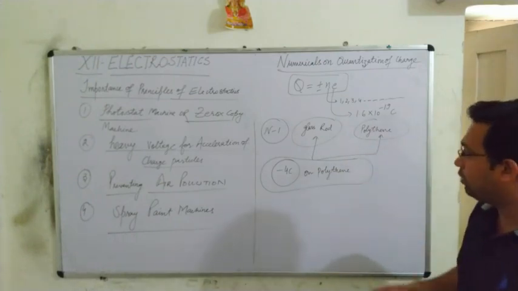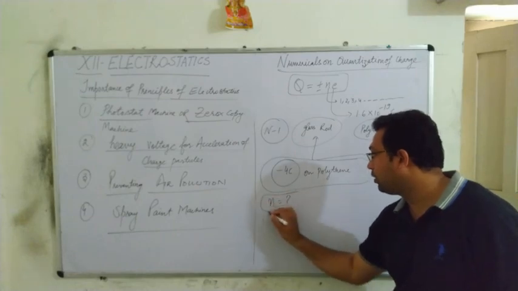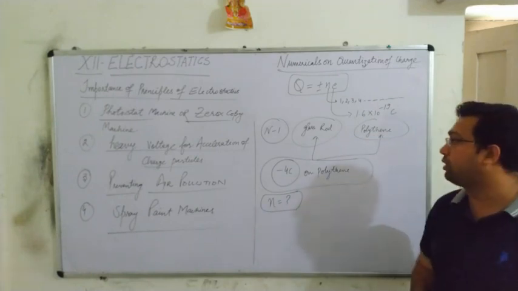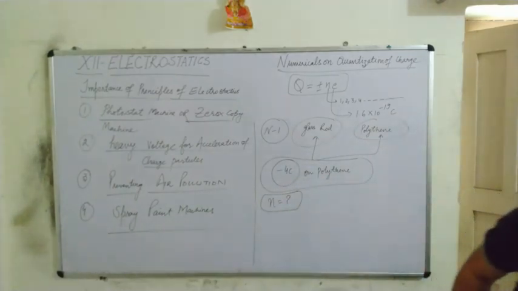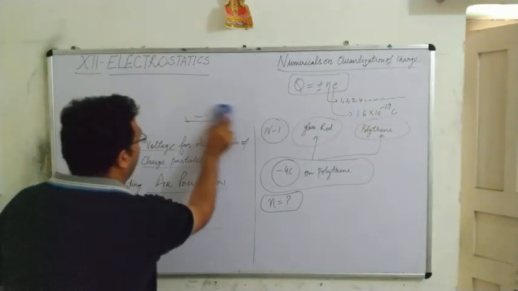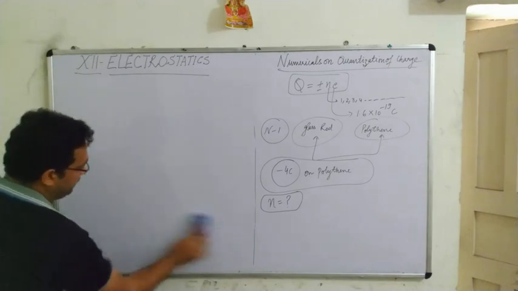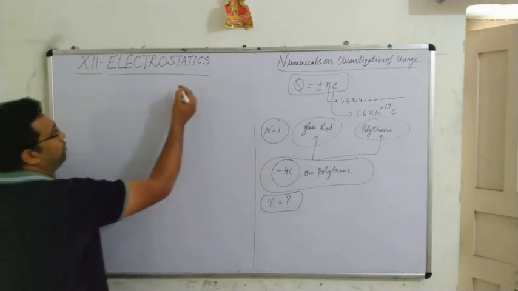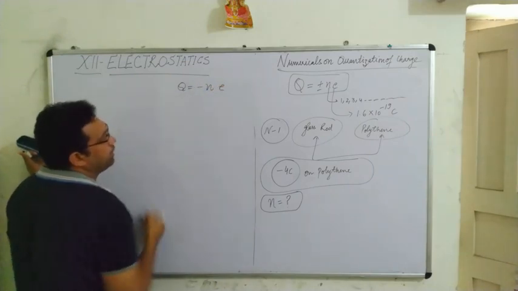So what we have to find out? We have to find out the number of electrons gained by polythene, or the number of electrons transferred from the glass rod to polythene. Now how will we find out? Let us consider the simple formula Q equal to minus NE.